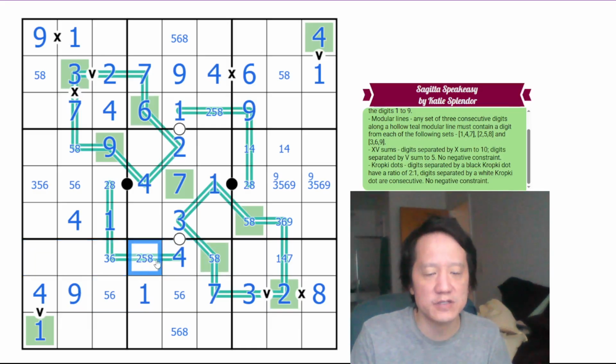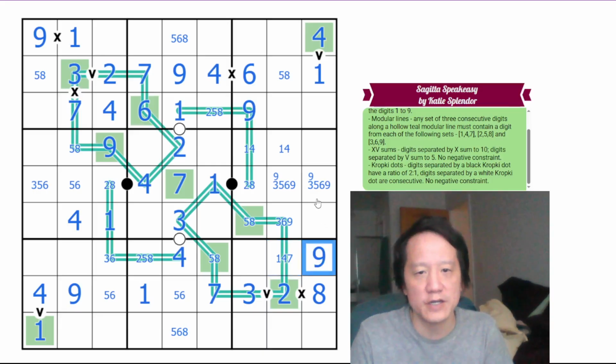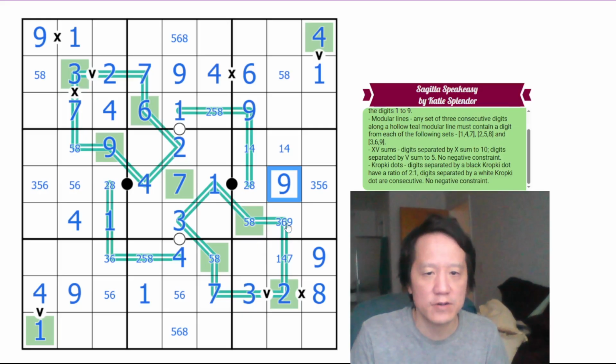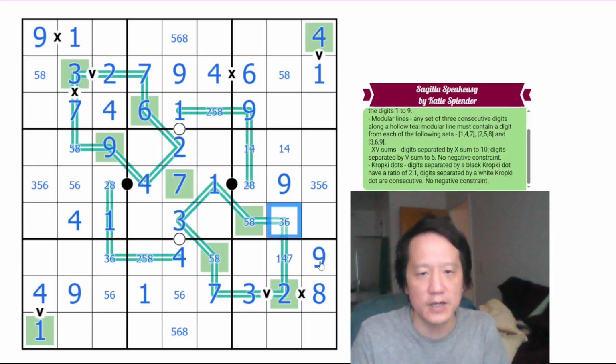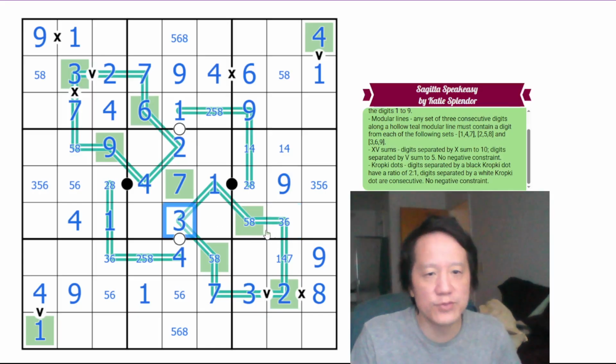Can't be here because these are 2 modulo 3s on the line. Can't be here because of the 9 in the column. Can't be here because this is 1 modulo 3 on the line, so this must be a 9 here, which means this cannot be 9, which forces this to be a 9 here. Actually, yes, because there's no other place in row 5 that can have a 9. This cannot be 9. This can't be 3, then. This must be a 6.